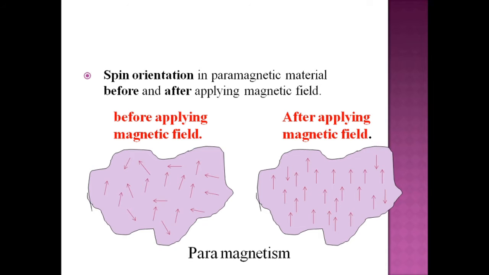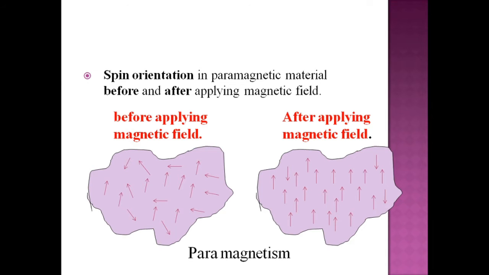The alignment of the moments is opposed by randomizing effects of temperature, and this results in temperature dependent susceptibility, which is known as Curie's law.